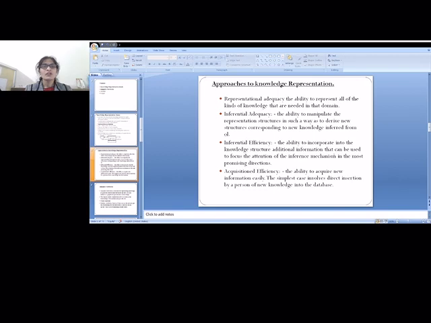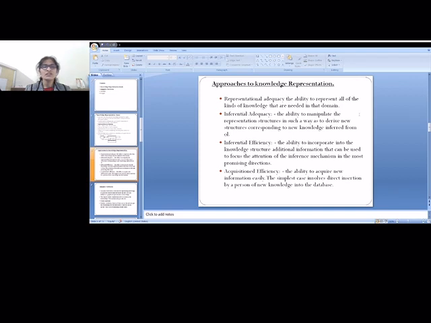Then, what are the various approaches to knowledge representation? The approaches are representational adequacy, inferential adequacy, inferential efficiency and acquisitional efficiency. Representational adequacy means the ability to represent all the kinds of knowledge that are needed in that domain, whereas inferential adequacy means the ability to manipulate the representational structure in such a way as to derive a new structure corresponding to new knowledge inferred from the previous one.